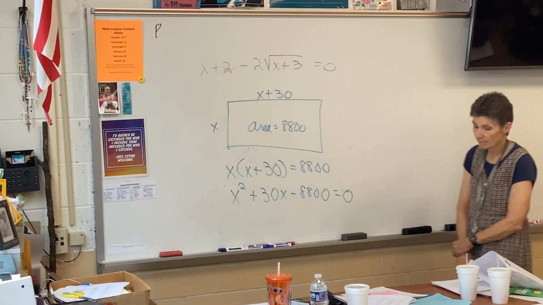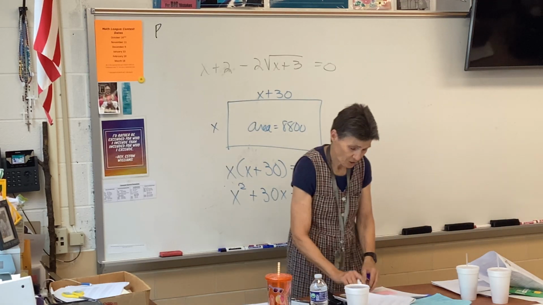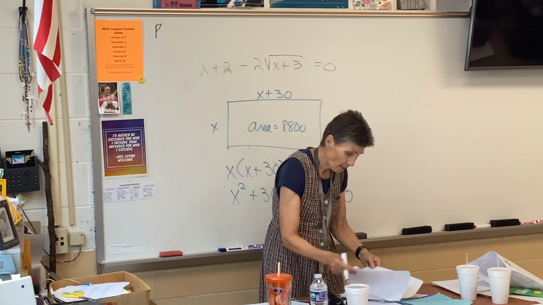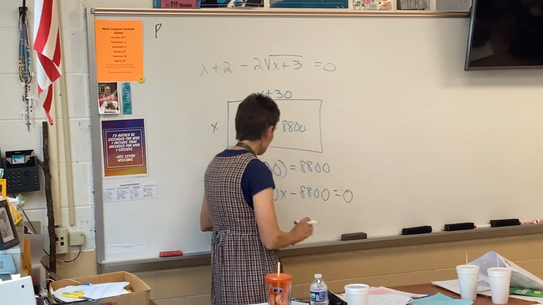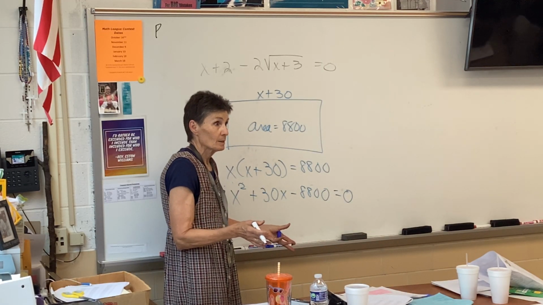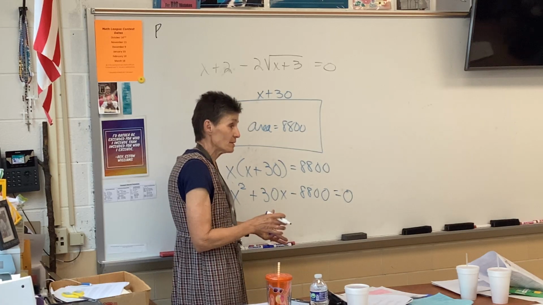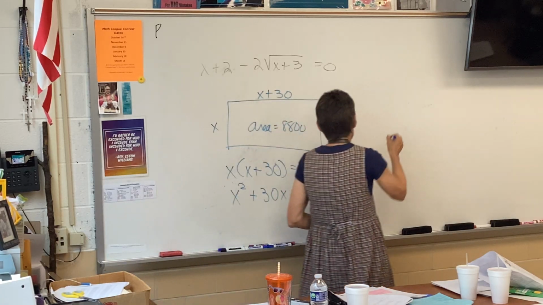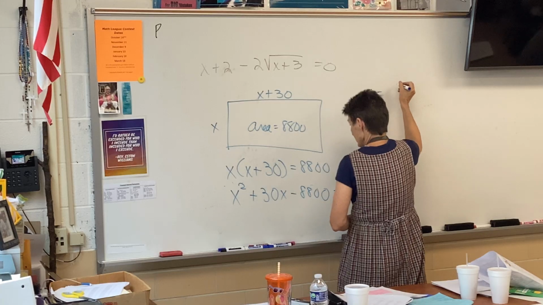Quadratic formula. Now, we also, if you wanted to, this one is set up nicely. If you wanted to complete the square, you could. But you don't need to, you can use the formula. So x equals negative b.